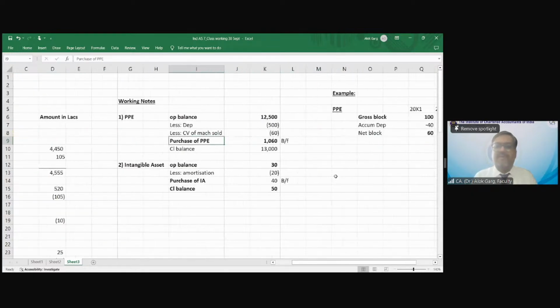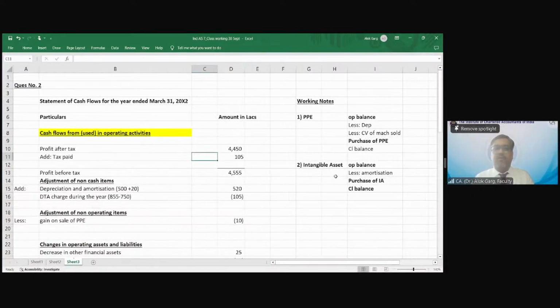Perfect. Okay, perfect. So friends, I hope you have got a comfort by looking at this cash flow statement. And of course, it is a revisionary class. And hence, I assume that at least basic concepts you are well aware of, right? And I have covered the concept of operating, investing, financing. That is why we have done the question number 7 and question number 8 before question number 2. Correct?